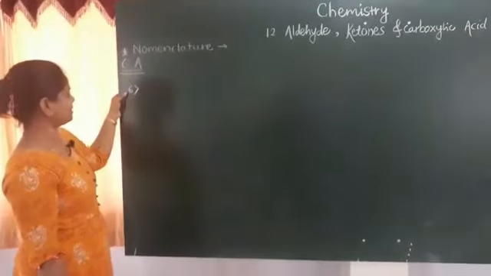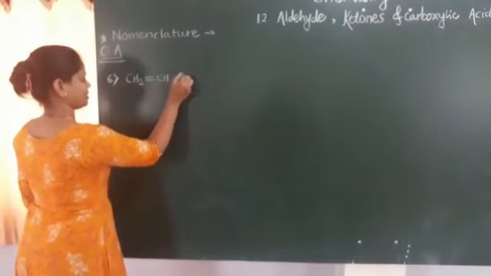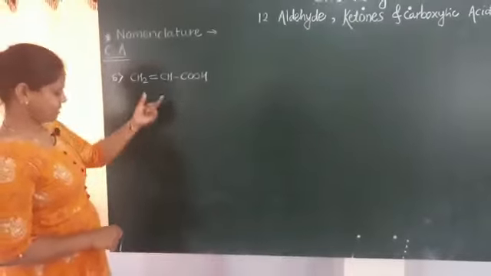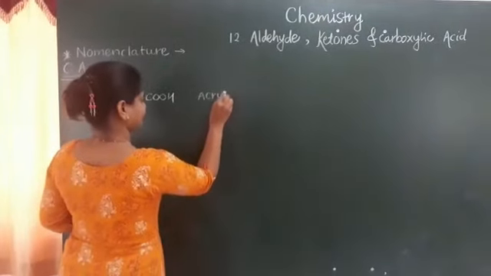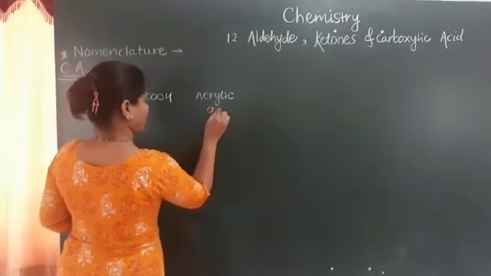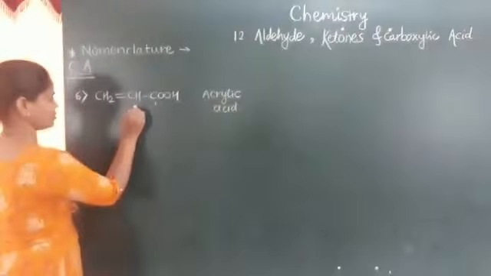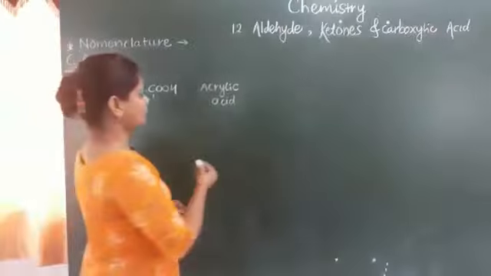Now let us see the next example. Let us see the sixth example. CH2 double bond CH COOH. This is the sixth example. Now this is acrylic acid. This is the common name and the IUPAC name is, 1, 2, 3, 3 carbon atoms are there, so the root word is prop.